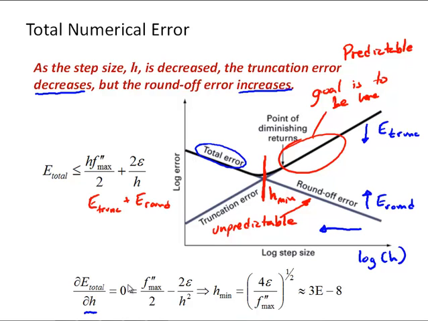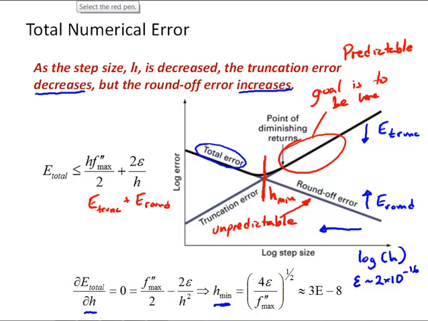So we take that derivative, set it equal to 0, so we get f double prime max over 2 minus 2 epsilon over h squared, that's the dE/dh. Solving for h min, we get 4 epsilon over f double prime max, take the square root. Recall epsilon is 2 times 10 to the minus 16.